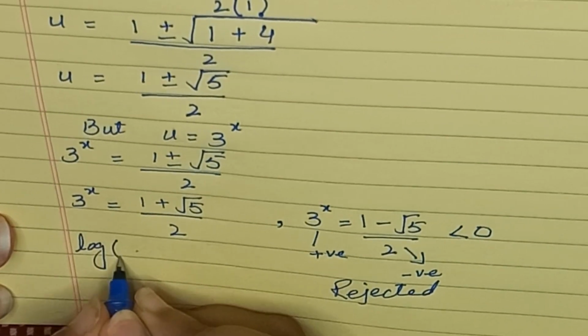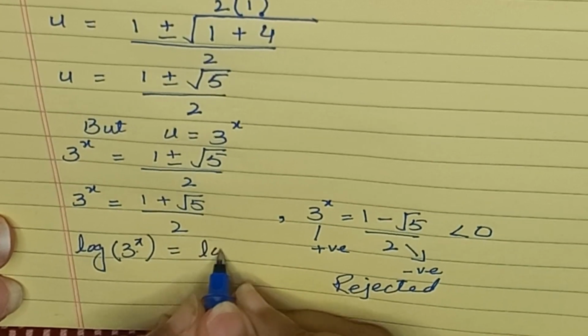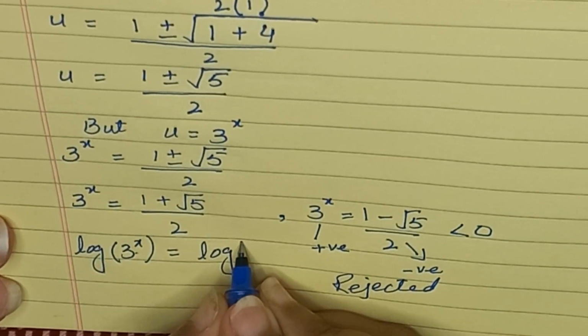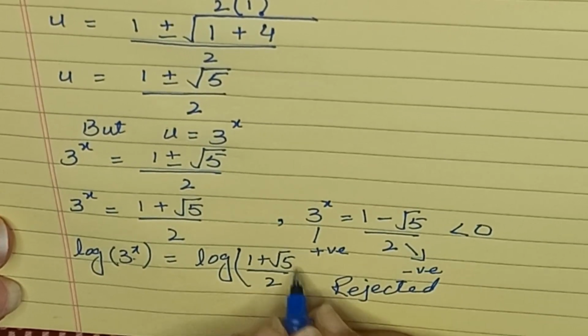Now we will solve this equation by taking log on both sides. Log of 3 raised to the power x is equal to log of 1 plus square root of 5 divided by 2.